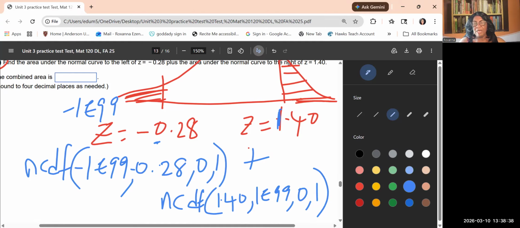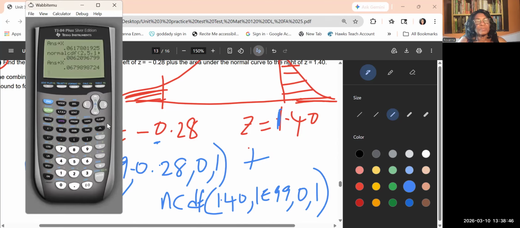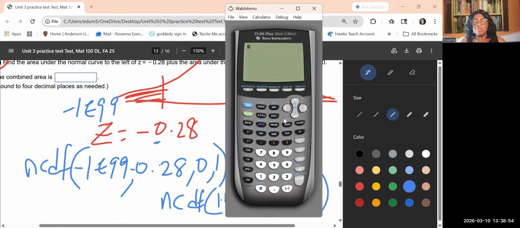So I pull my calculator up, clear, and make sure I'm doing normal distribution. So I'm going to second distribution number 2. Make sure you're doing normal cumulative density function.